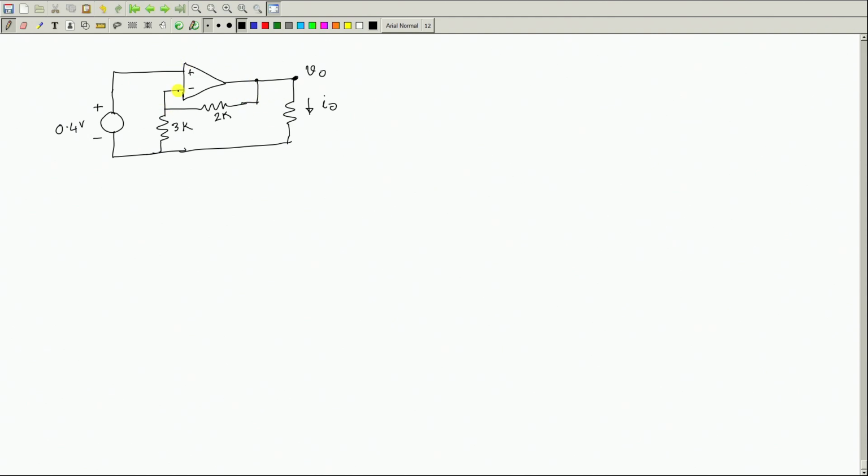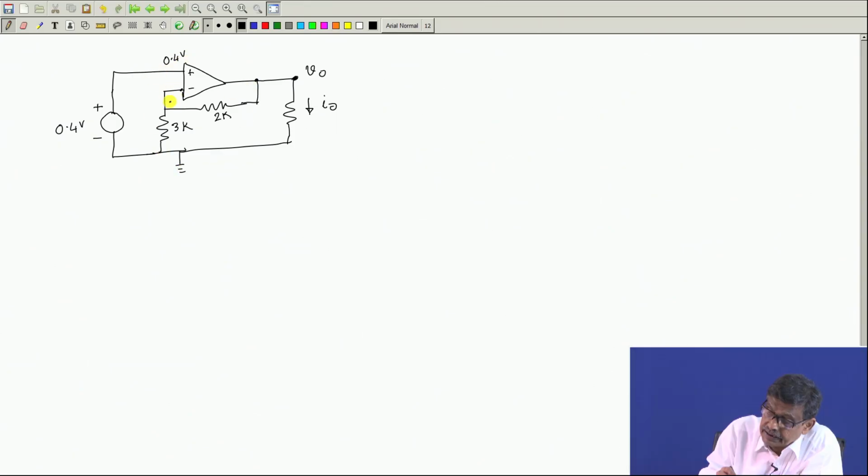It is a negative feedback. To the negative inverting terminal, a portion of the output signal is fed. So, under this condition, you know, the current drawn by the op amp will be 0. So, this potential is 0.4 volt. This is the ground. With respect to this, I am measuring 0.4 volt. There will be no current here.